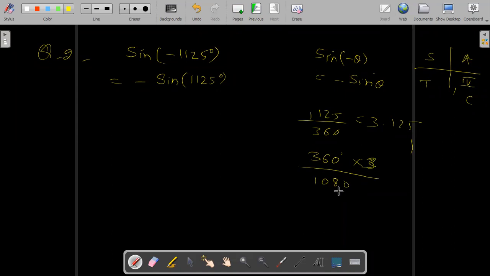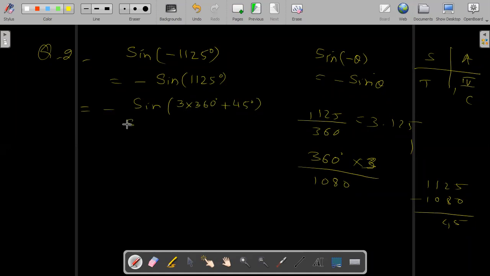So what is the difference between 1080 and 1125? Only 45 degree. So you can write this as 3 rounds of 360 degree, which means 1080 degree, plus 45 degree. If you add this, you will get 1125 degree.